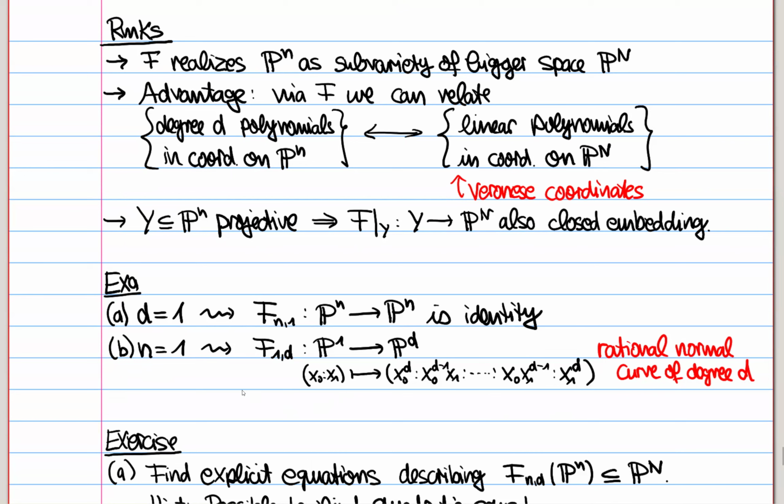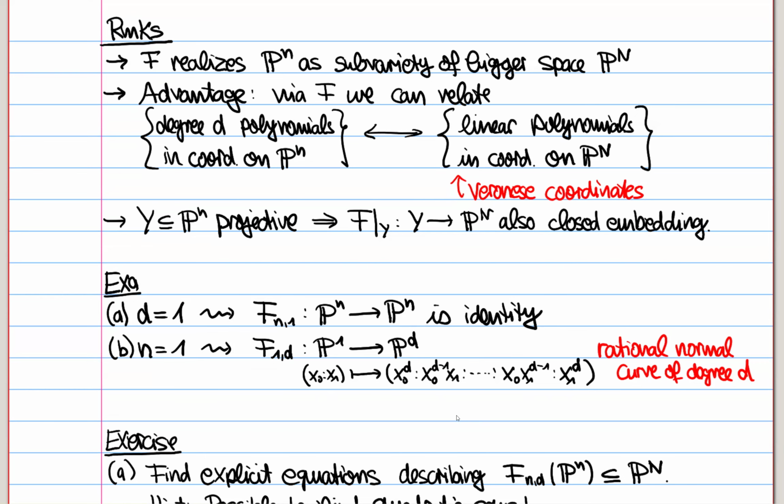A bit more interesting, if you set n equals to 1, so the domain is P1, but the degree can be arbitrary, then you get exactly this map sending P1 to PD, and this thing here to all the monomials of degree d. You can order them in this way. And this map or its image is then often called the rational normal curve of degree d inside PD.